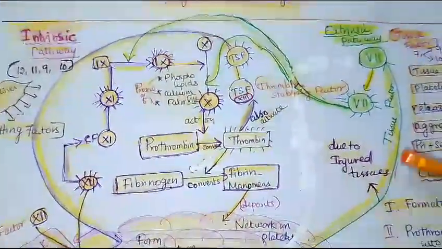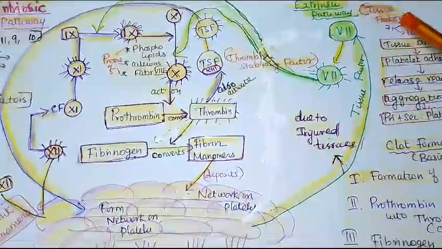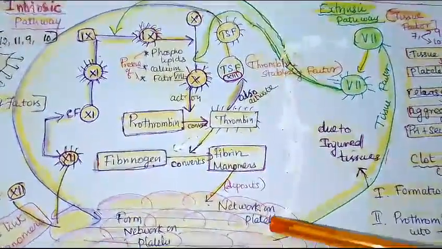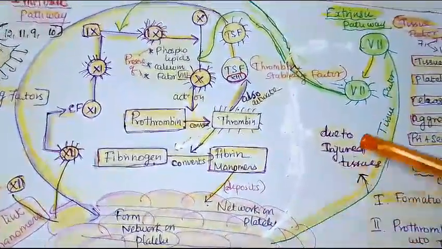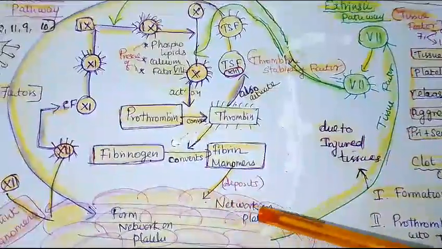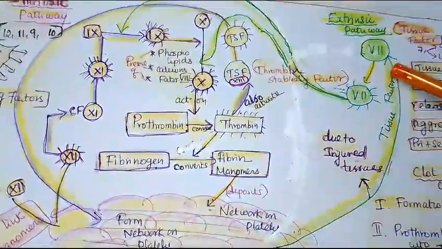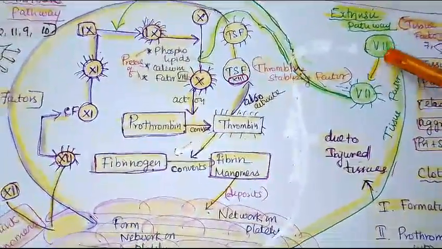Now the extrinsic pathway is mainly made up by the tissue factor. In the same way, when there is injury to any tissue, a factor is released. This, along with the properties of the platelets, is enough to activate clotting factor number 7.